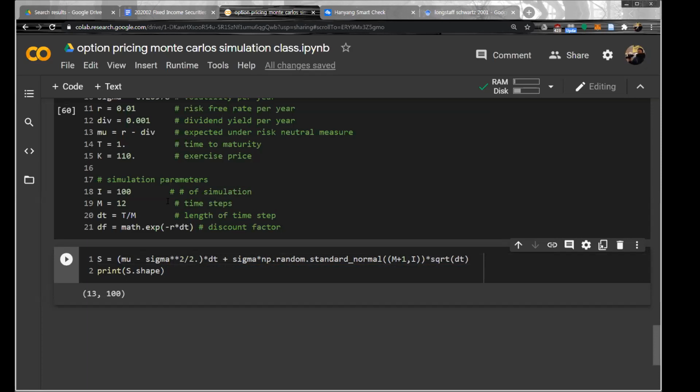So basically this way I'm generating a series of returns. Let me move this one.